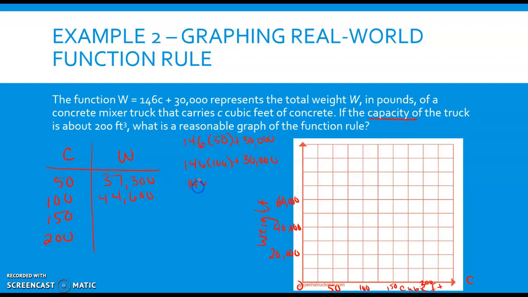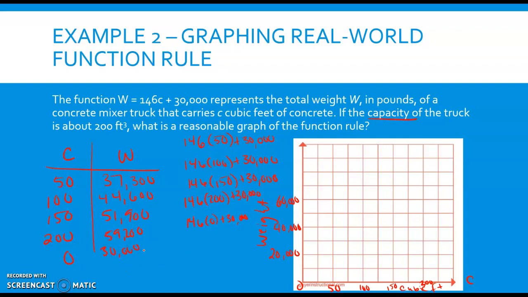And then 146 times 150 plus 30,000. This is what I'm typing into the calculator. And so then that gives me 51,900. And then 146 times 200 plus 30,000 is going to give me 59,200. And then the one that I normally would have up here, but I forgot to put, is 0. When I plug 0 in, 146 times 0 plus 30,000, I end up with 30,000.